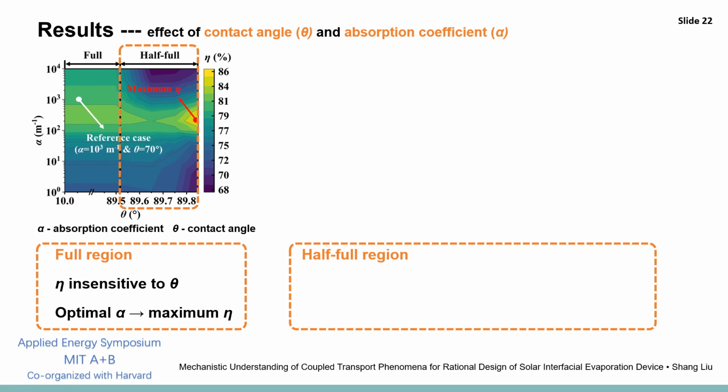But there is an optimal absorption coefficient for each kinetic angle to minimize the heat losses and achieve the maximum efficiency. For the half-full region, the interfacial location, interfacial thickness, and waterfront height can be effectively tuned by absorption coefficient and water kinetic angle.